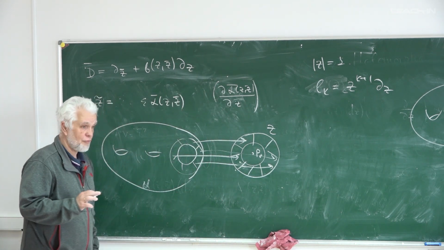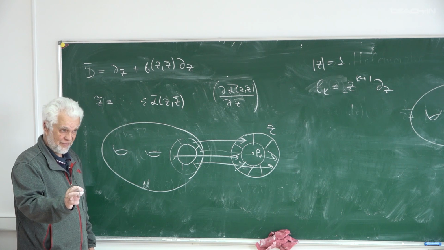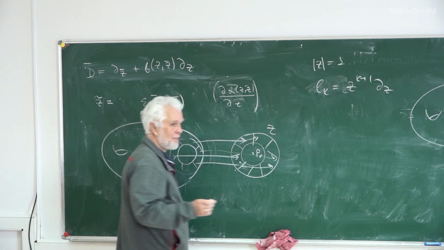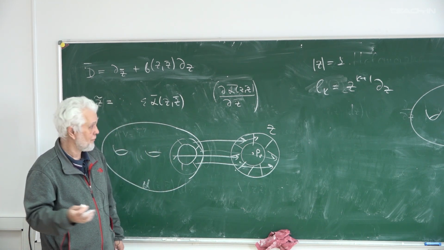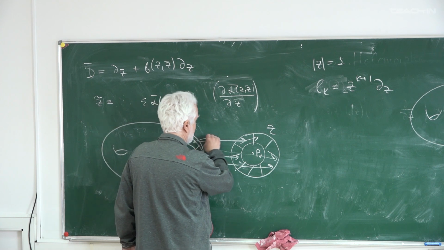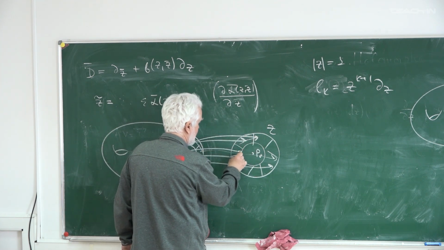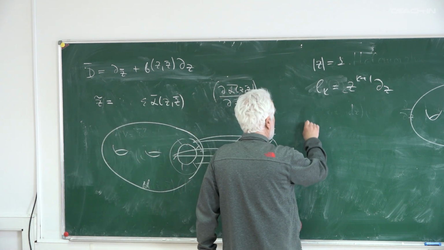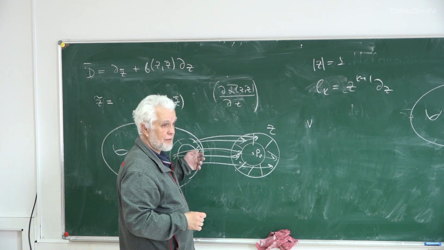Then you can do the following. Consider a vector field here. You need to have the vector field near this circle.